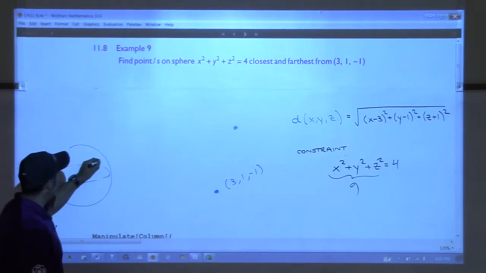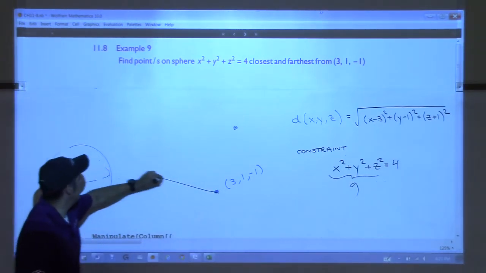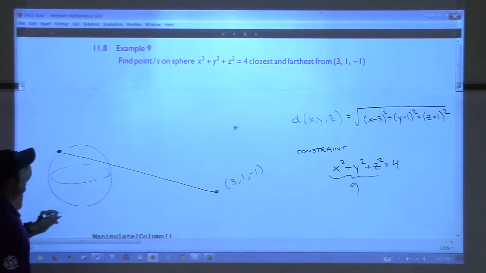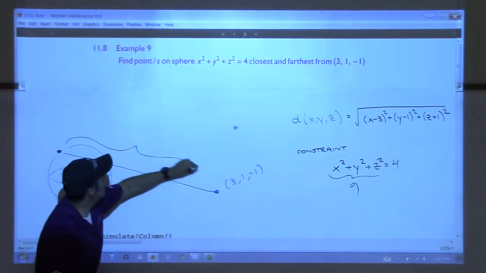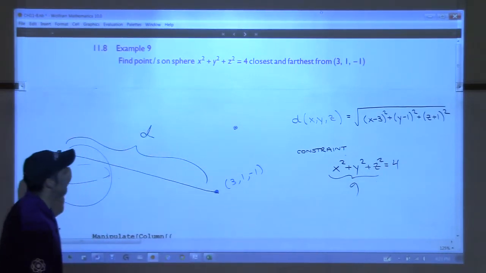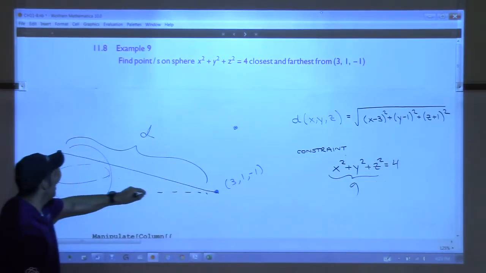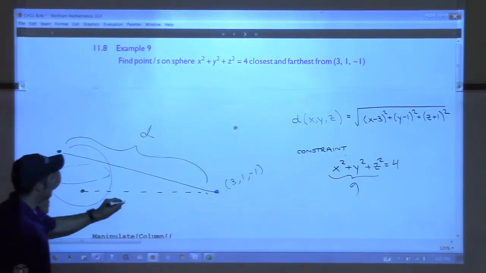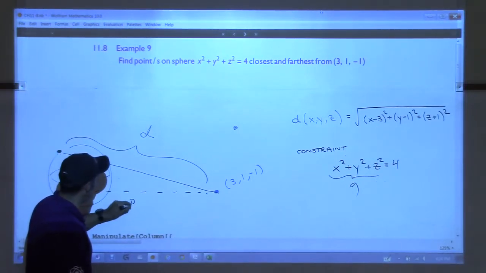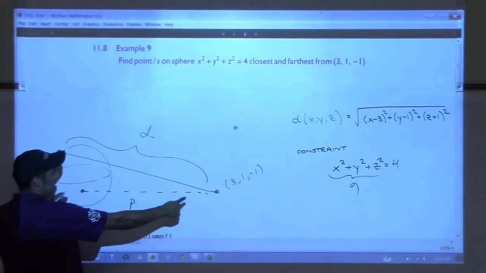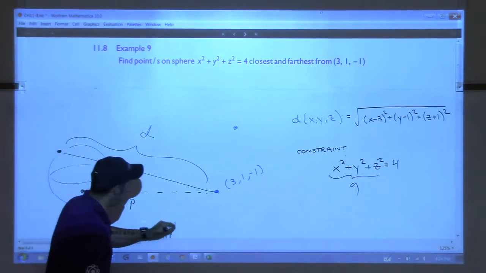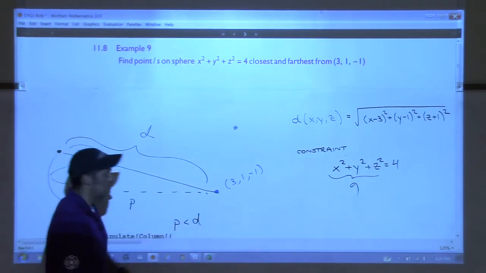Let's say we determine that this point right here has the furthest distance. Call that D. Any other point, like this point I'll call P, has a distance smaller than D.